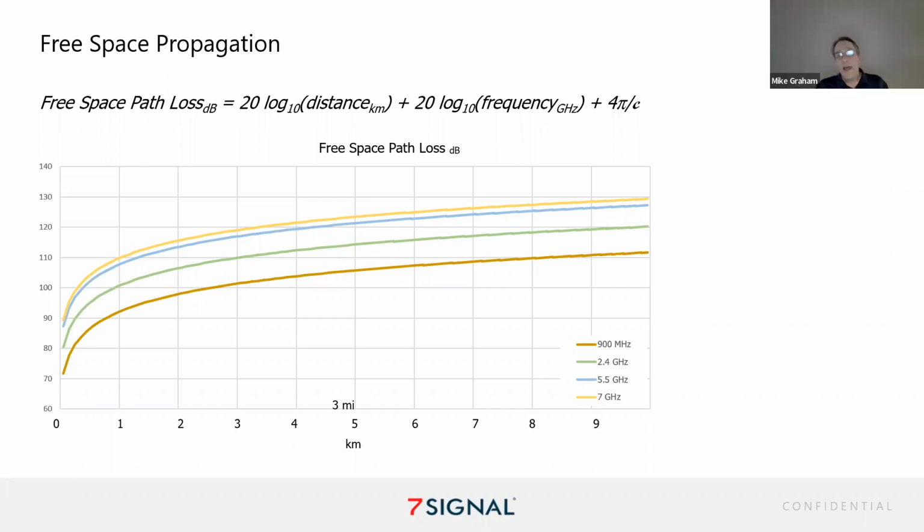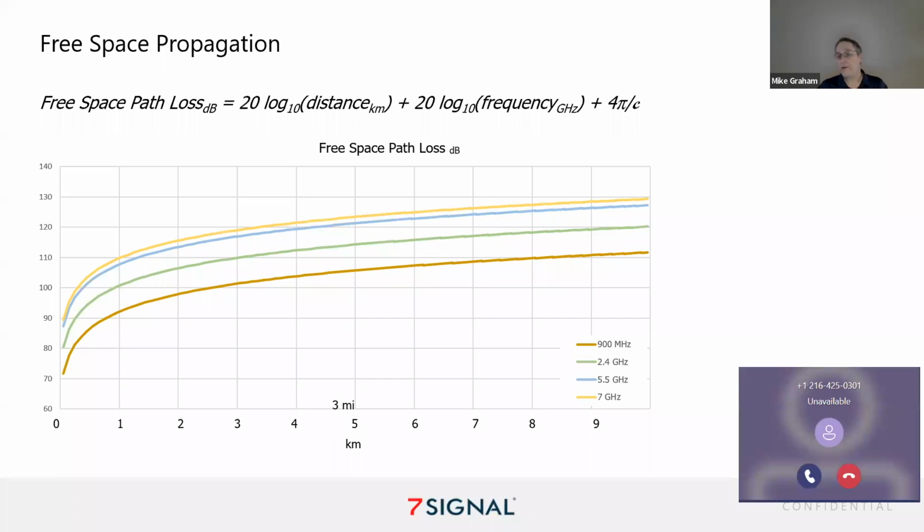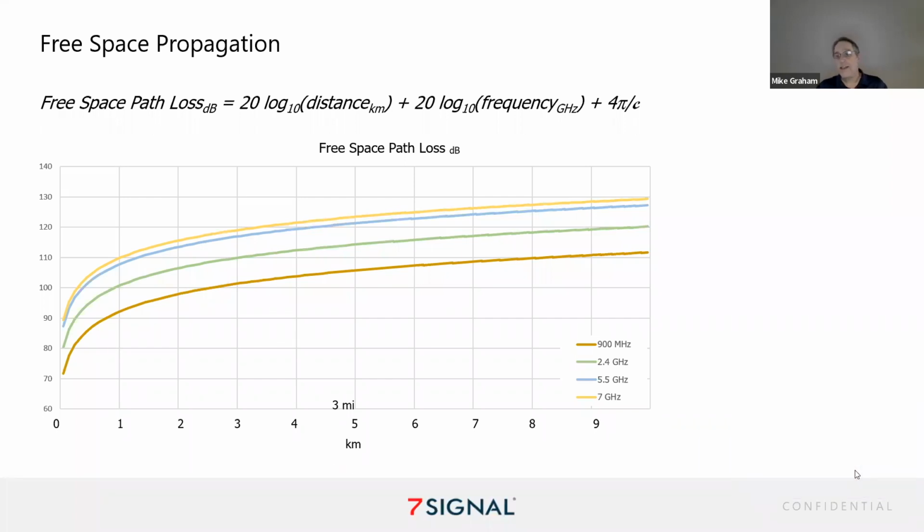Yeah, and really it's also kind of a consequence of doing this at a constant gain, not having gain as part of this. It's easier to think of if you think of a dish type antenna, but for the same gain, higher frequency antennas are going to be smaller. So there's actually less physical antenna there to grab energy out of the air.